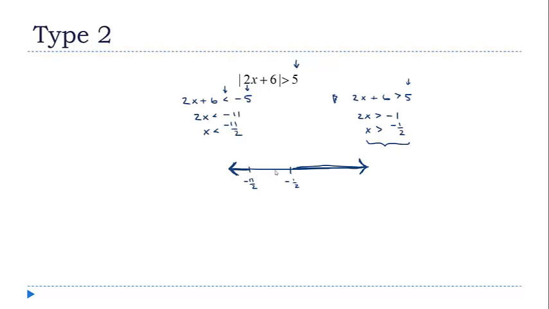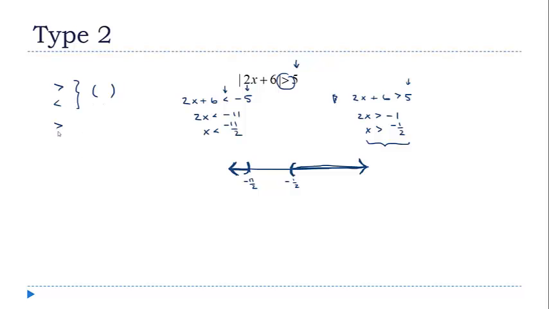Now I have to think about what I'm going to put at the endpoints. Because we have strictly greater than, I'm going to put parentheses here and parentheses here. Remember, if we have greater than or less than, you use parentheses at the endpoints.